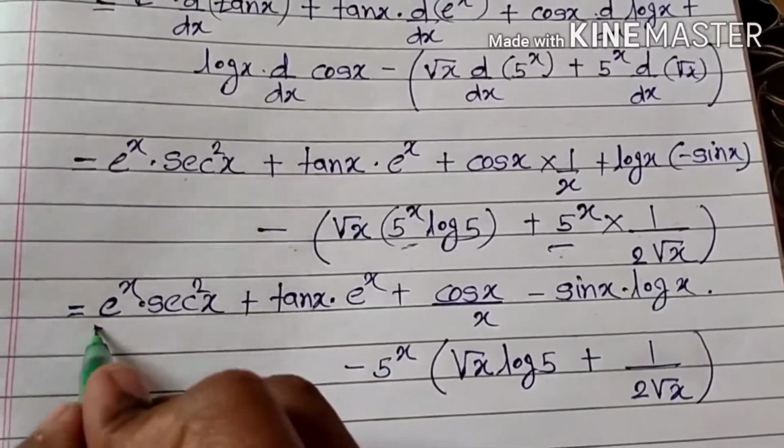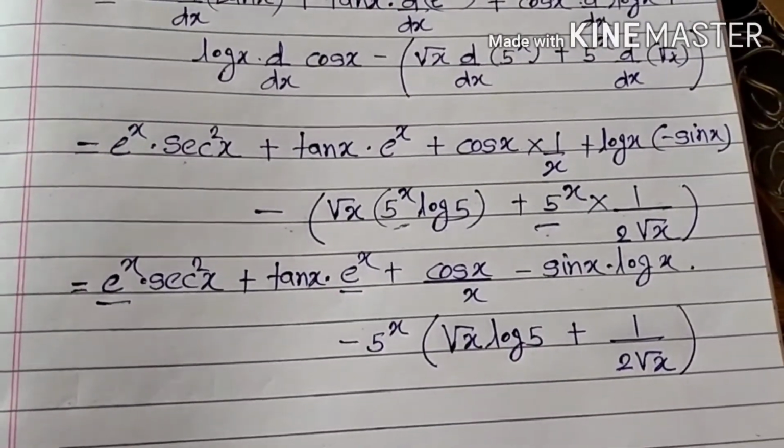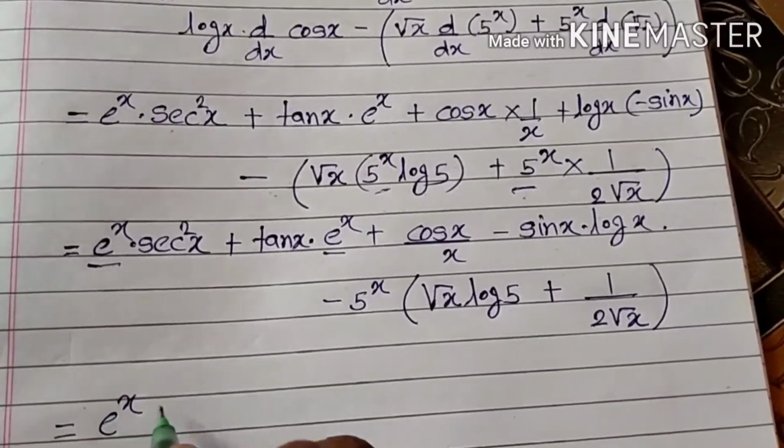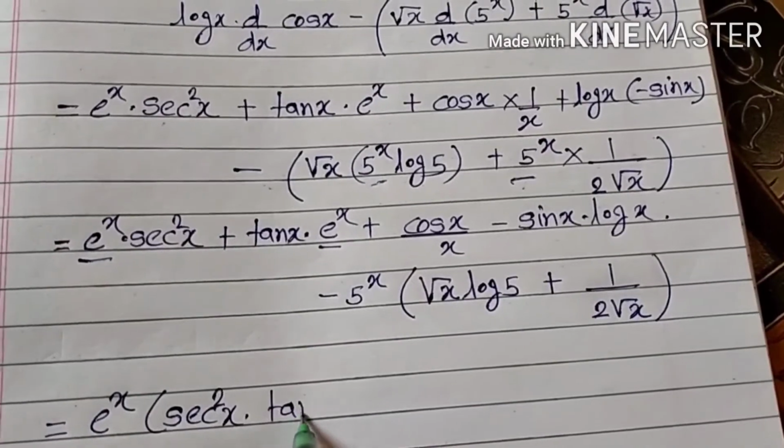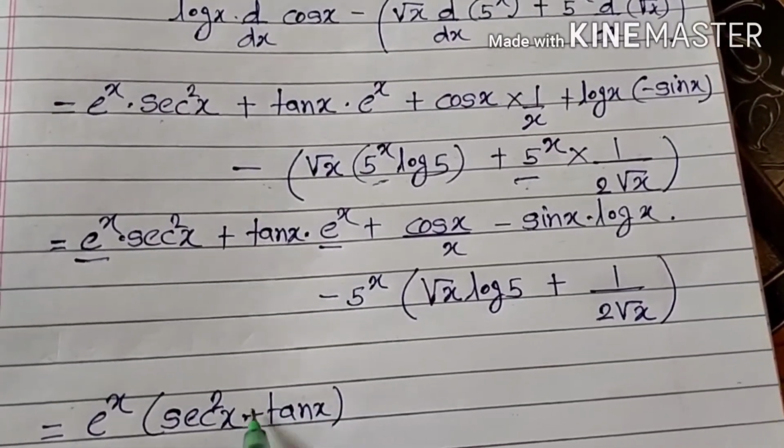So now in this step take e raised to x common. So it is e raised to x, sec square x plus tan x. Sorry, here it is plus.